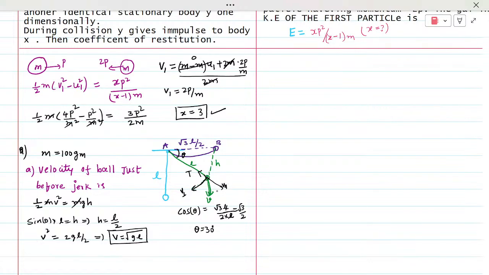Because of this velocity, centripetal force will come, and plus in the direction m g cos theta is there. m g cos theta plus centripetal force m v parallel square by length r is equal to tension. Equal means there is no motion along the direction of the string, therefore it will oscillate, right?